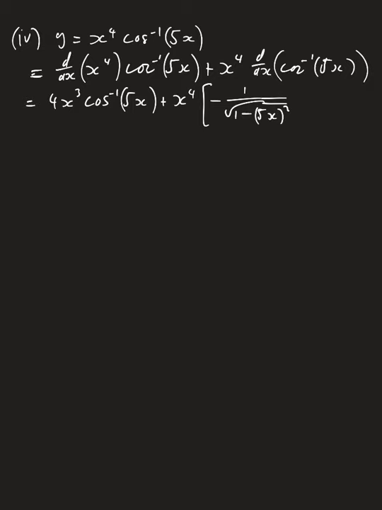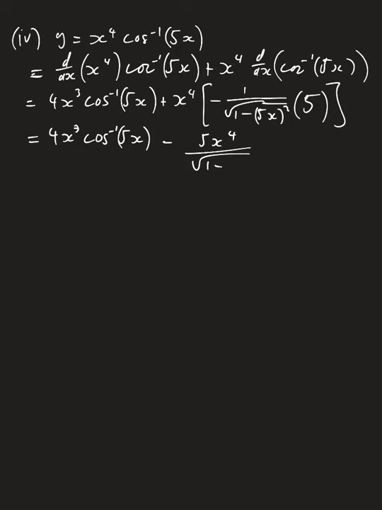Then by the chain rule, times the derivative of what's in the brackets, I should say, is 5. So there we go, that's 4x cubed inverse cosine of 5x. I put that all together, I get minus 5x to the power of 4 divided by the square root of 1 minus 25x squared. Again, 5x squared is 5 times x times x.